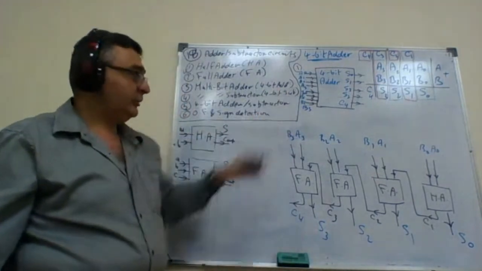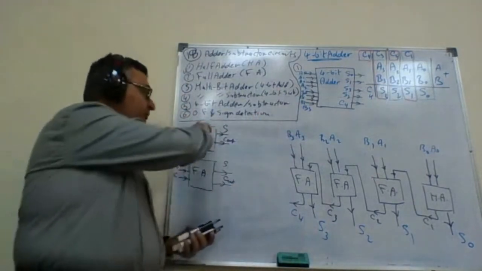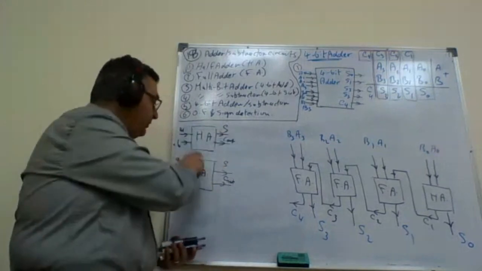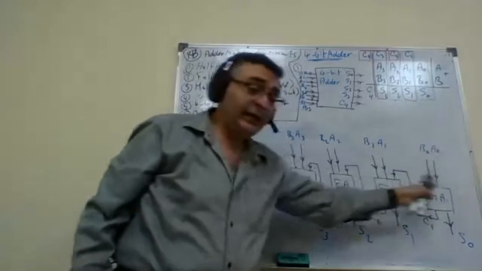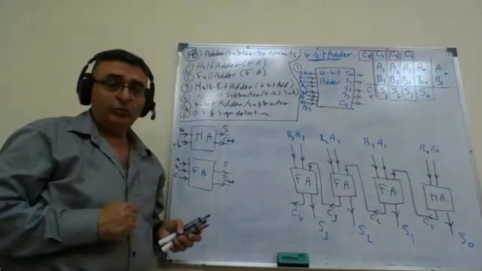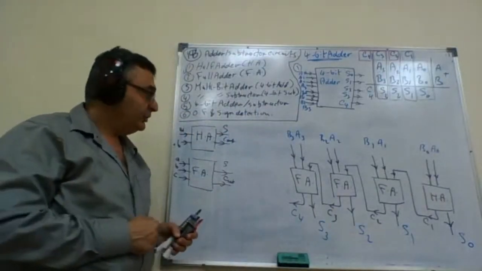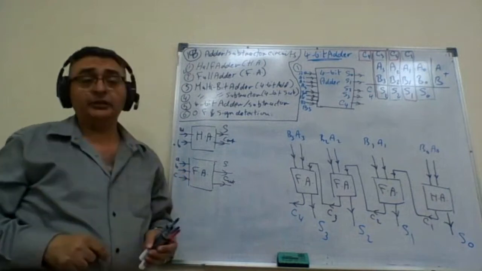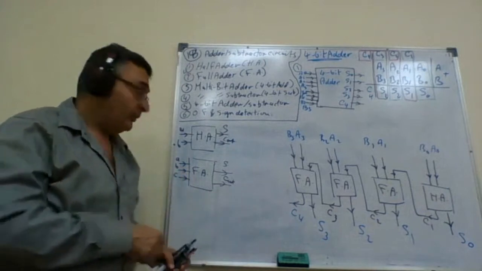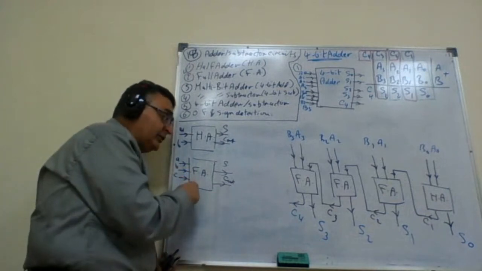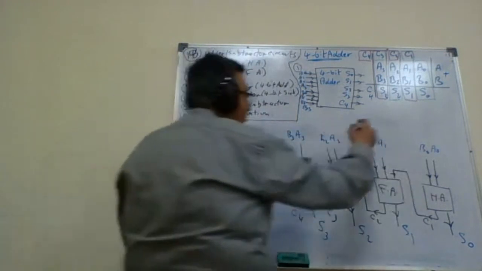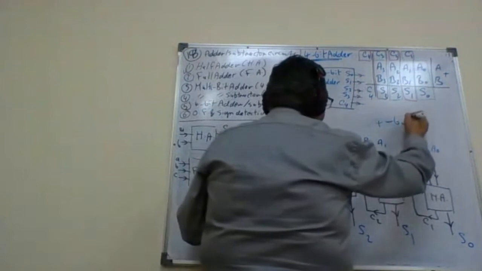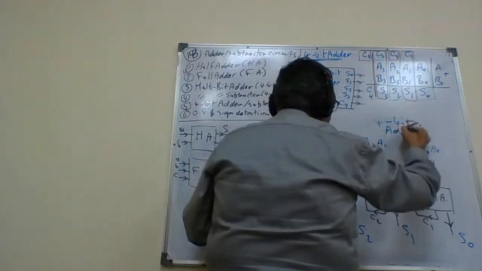So this is identical to this. All I have to do is flip the block for the half adder, flip the block of the full adder. So in order to realize this design, what is left for me to do is to build this full adder. We didn't build the full adder yet, but if we succeed to build the full adder, that means we will succeed to build what we call the 4-bit adder.